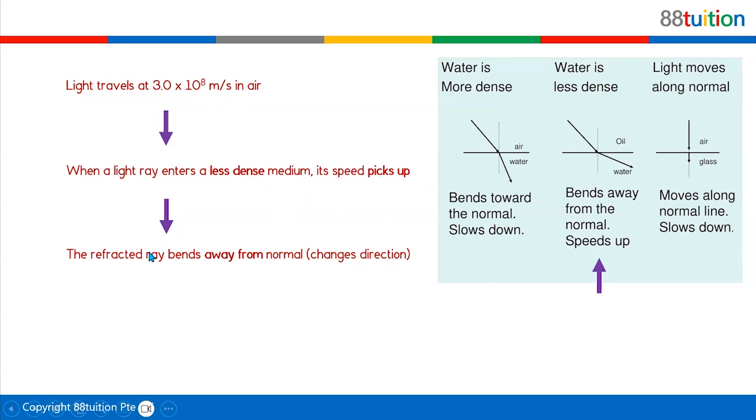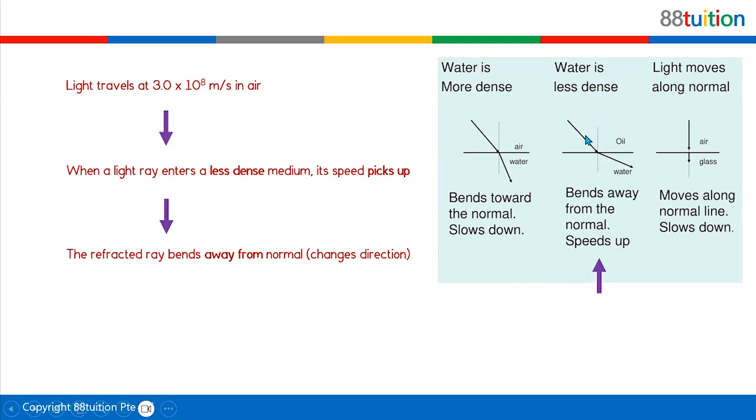When it travels faster, it bends away from the normal. Must remember all these, because in your open-ended question, you are also supposed to explain what happens when light travels from a less dense to a denser medium, or what happens when light travels from a denser to a less dense medium. You must explain accordingly.